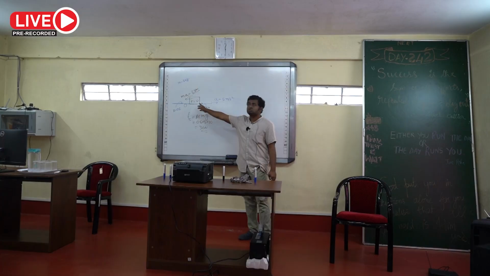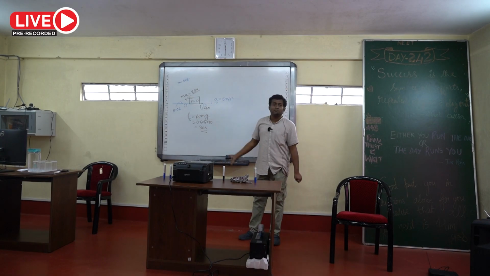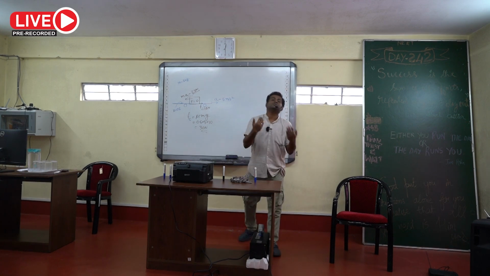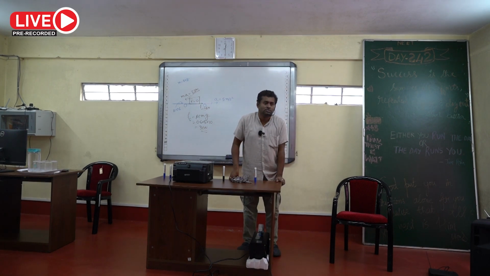If the applied force increases and becomes greater than 30, here we find the static friction force, that is limiting friction, is 30 Newton. If you suppose apply a force of 32 Newton, then can friction increase to 32 Newton?